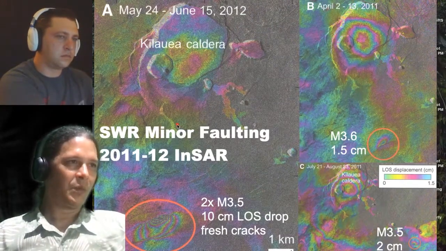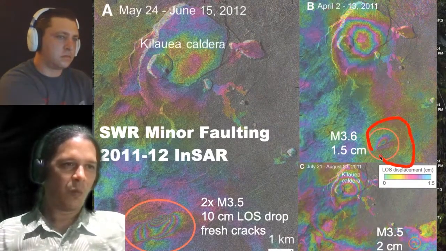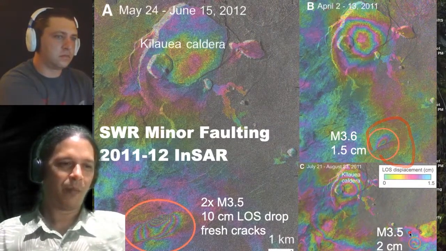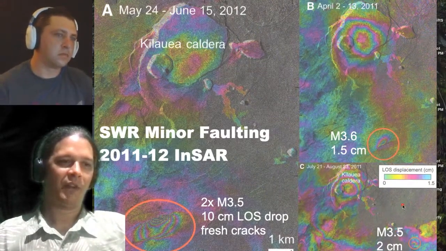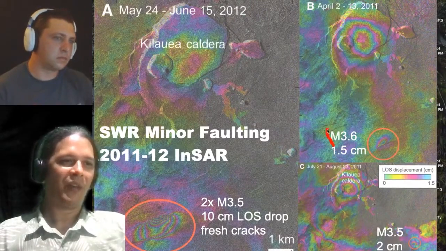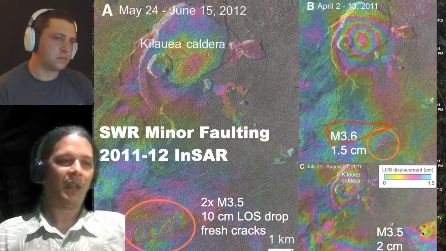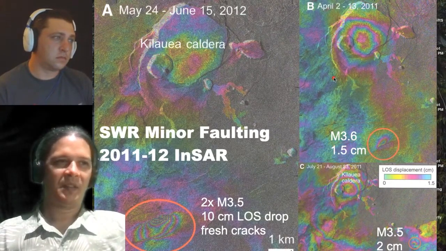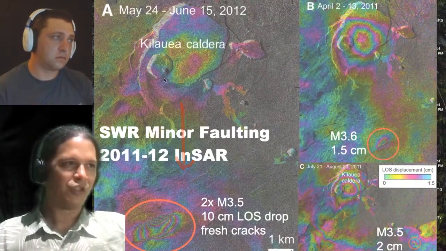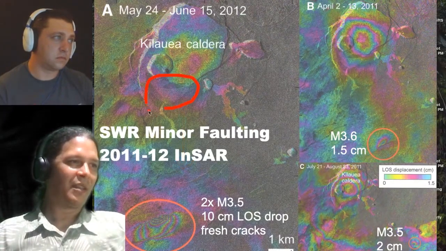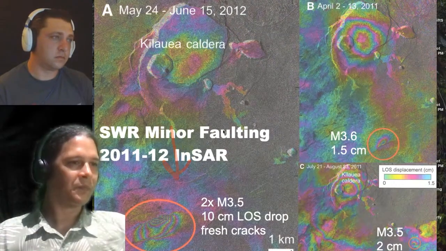So this was 2012, 2011, similar, 1.5 centimeters, magnitude 3.6, 3.5 further east, 2 centimeters of offset, not nearly as big as these other ones on the right, but it goes to show you these magnitude 3.5s are what's accommodating a lot of this motion. So when we're seeing earthquakes down in that area, that's all normal, and that's part of the whole caldera adjusting, right? Imagine if magma inflates the South Caldera area, it's pushing directly south on this whole Kauai zone right over there.